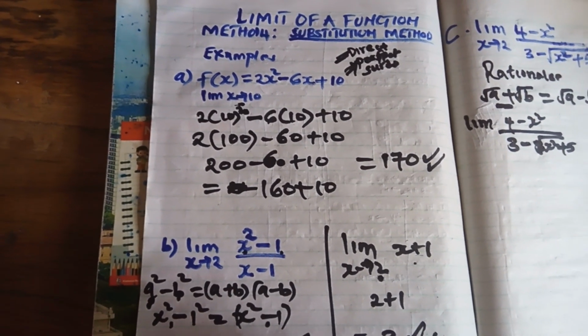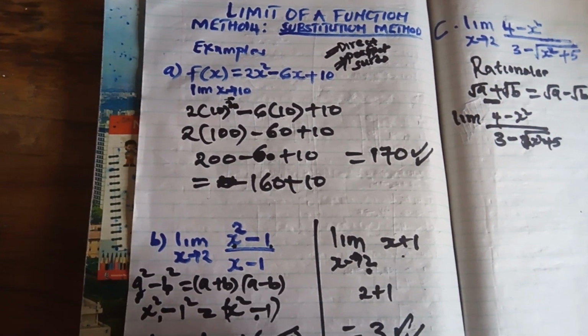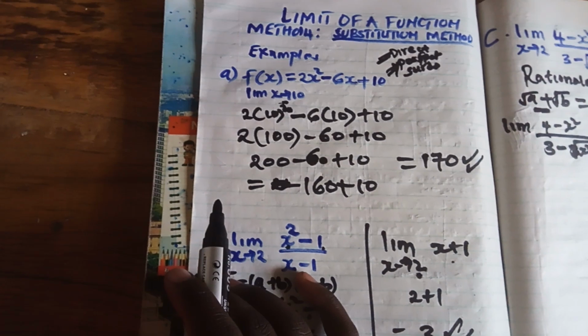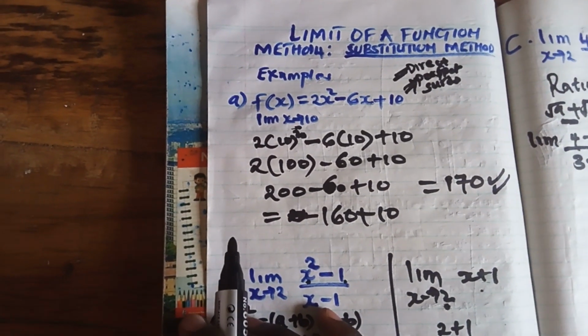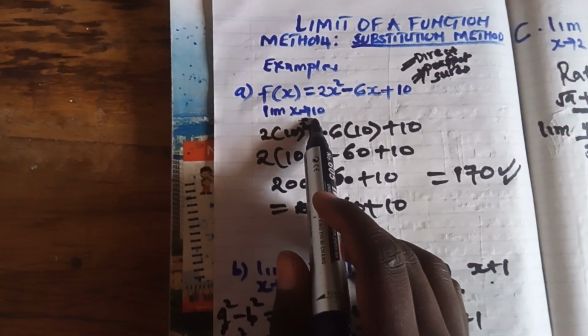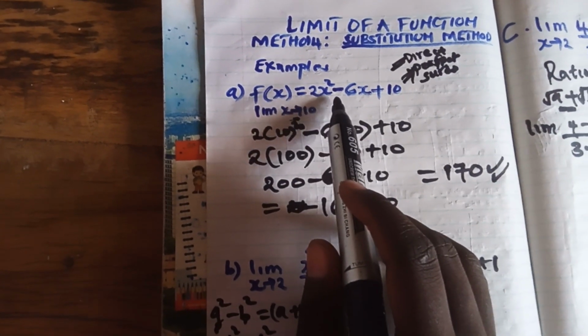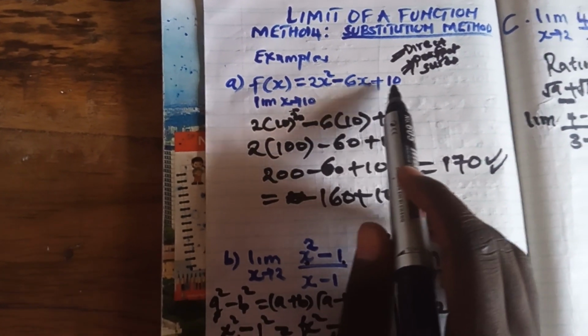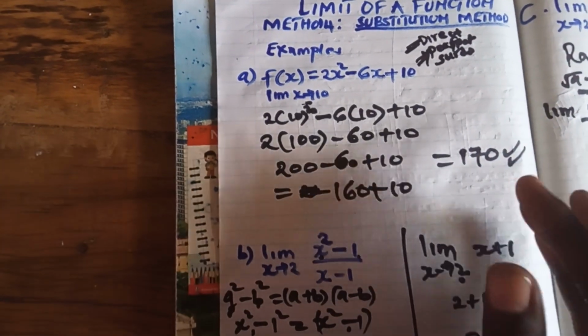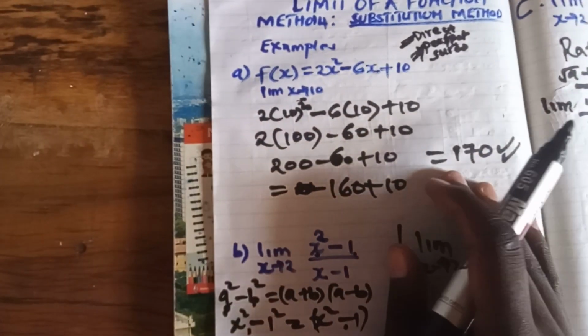Let us look at various examples. We have been given a function as the limit as x approaches 10 of 2x squared minus 6x plus 10. So in such cases, we have to replace the value of x directly.